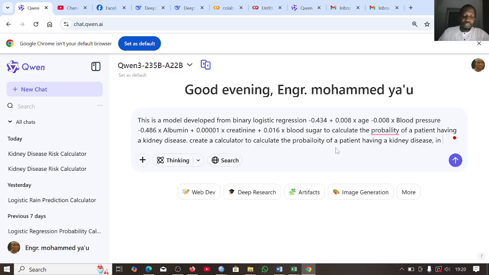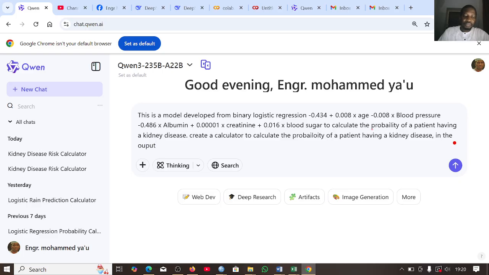So let me say in the output, if the probability is between 0.01 and 0.3, write low risk, but let it help.